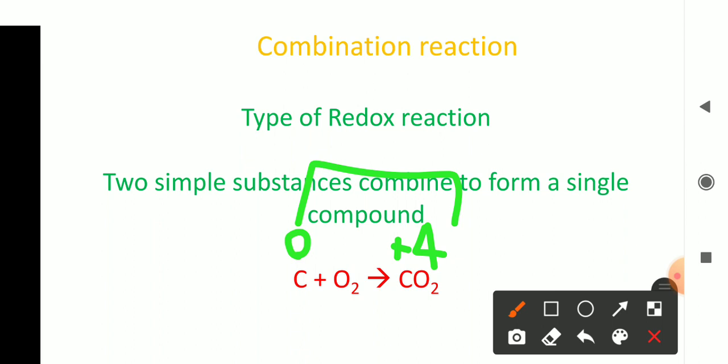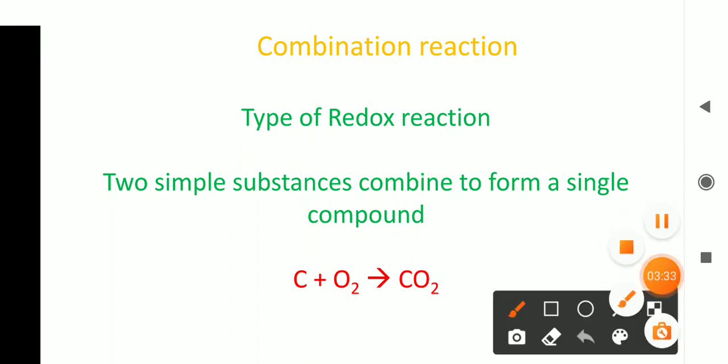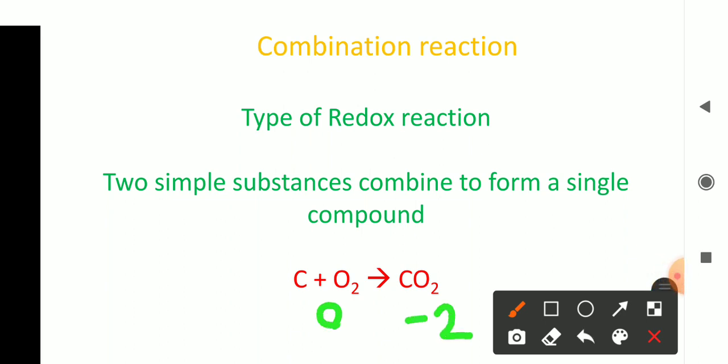Okay, then come to oxygen. On the reactant side, what is its charge? Its charge is 0, whereas on the product side it is -2. So there is a decrease in the charge observed. Okay, whenever there is a decrease in charge, it is termed reduction. So in this redox reaction, we can say that carbon is oxidized to carbon dioxide, whereas oxygen is reduced.